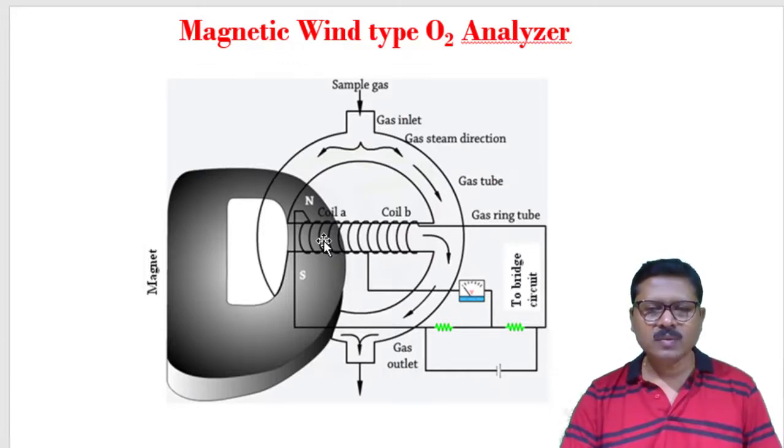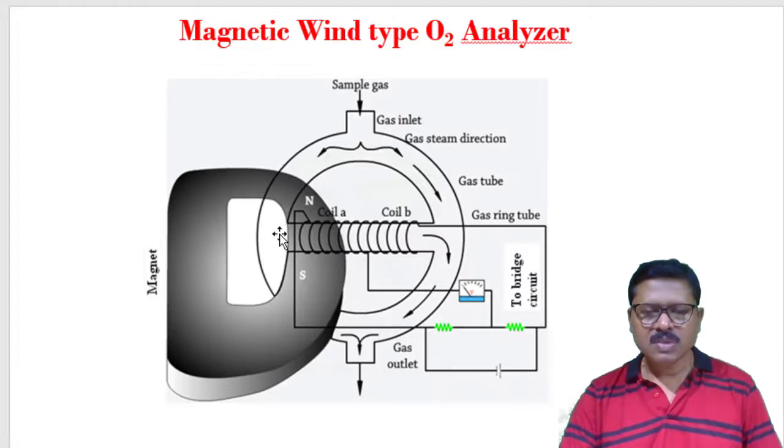So why will this magnetic wind happen? Oxygen molecules at this position will be attracted towards the magnetic field. They will be heated and will lose the paramagnetic property, so they will get a little bit of repelling force, so they will come towards the right.